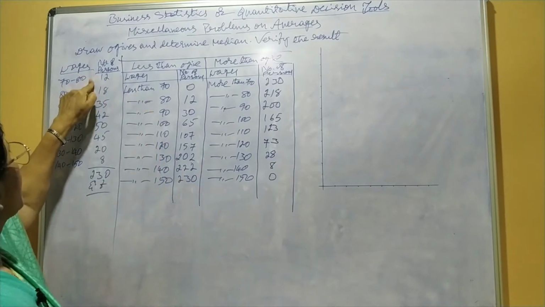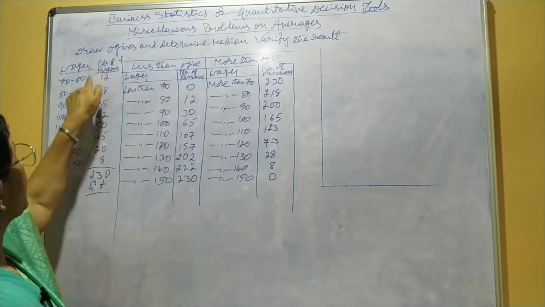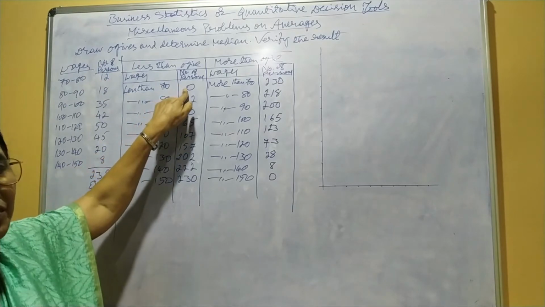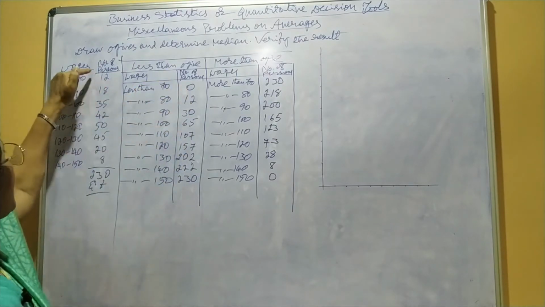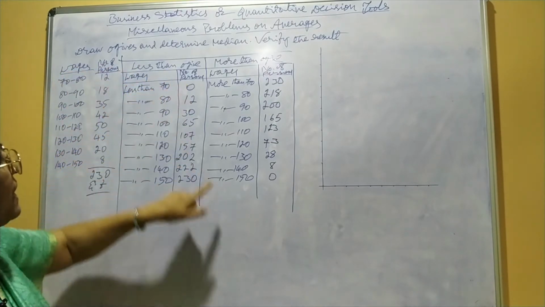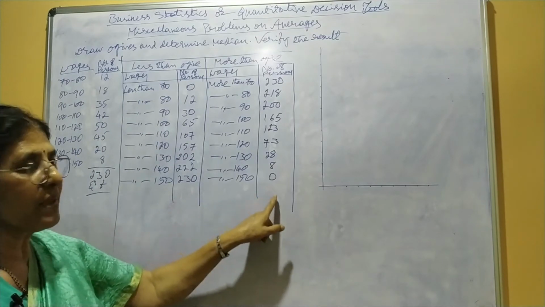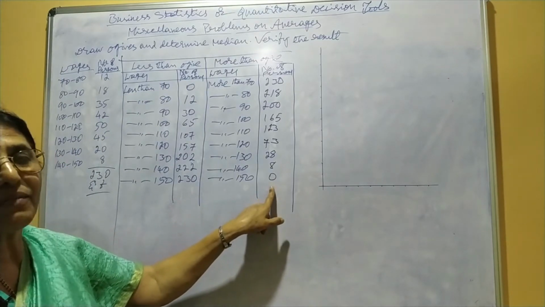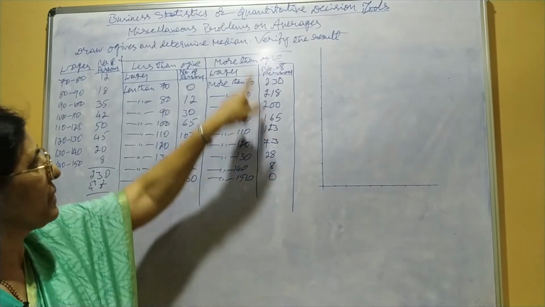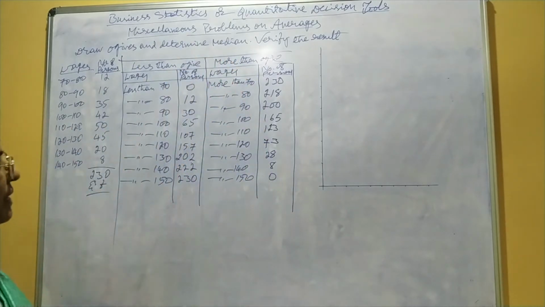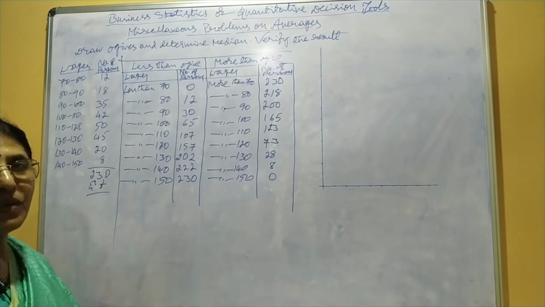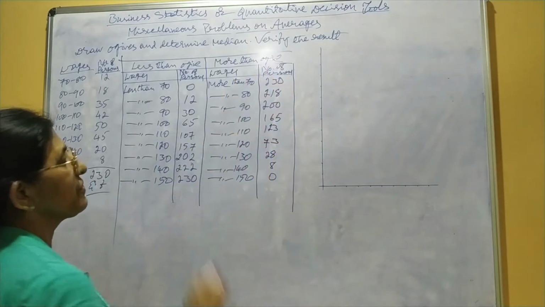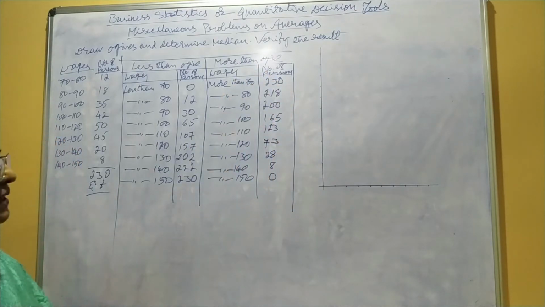To convert ordinary into cumulative, first one will be 0, and we go on taking from the first one. In case of more than, last one will be 0. We start from the bottom. Here last one is equal to sigma f. Here first one is equal to sigma f.